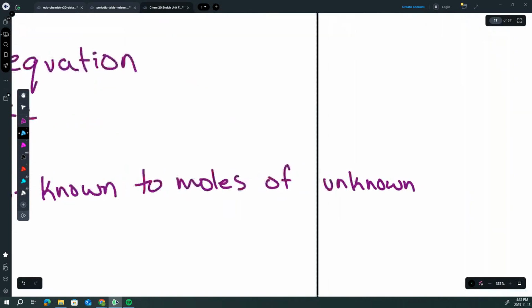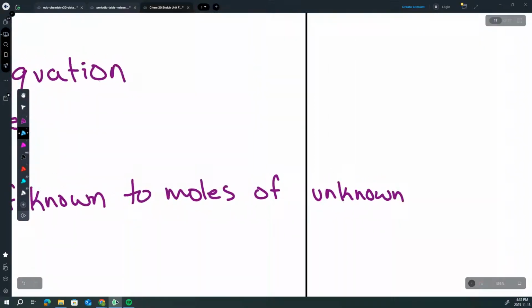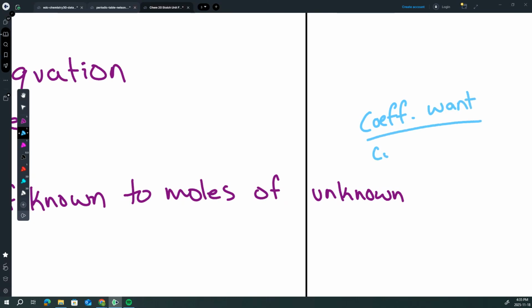For the mole ratio, it's the coefficient of what you want, and maybe I should write coefficient here, abbreviated as COEFF. So coefficient of what you want divided by the coefficient of what you are given.